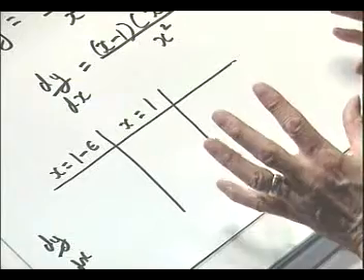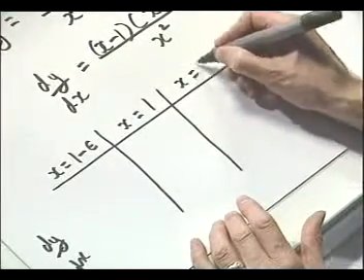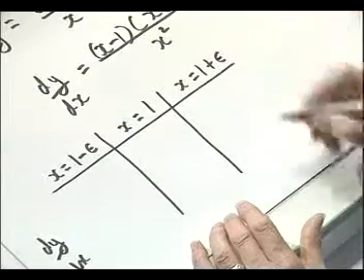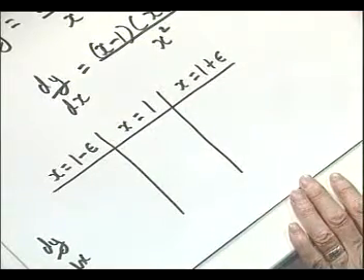And all I mean by epsilon is a little positive bit of x. 0.1, 0.01 if you like. And I'm also going to look at the gradient a little bit after x equals 1, so let me call that 1 plus epsilon. Now, I'm not interested in the value of dy by dx, I'm only interested in its sign, whether it's positive or negative.